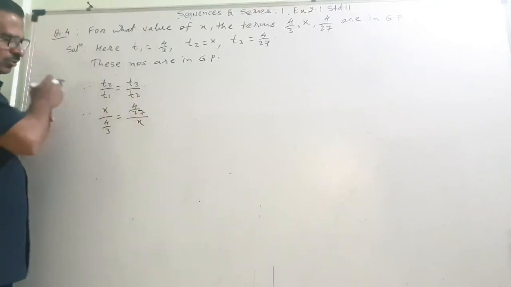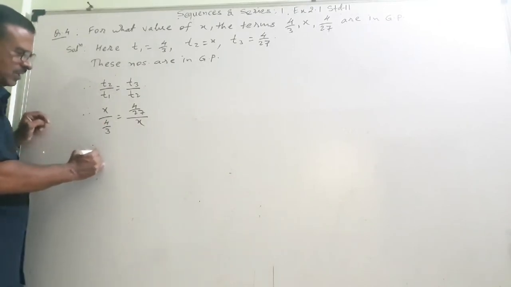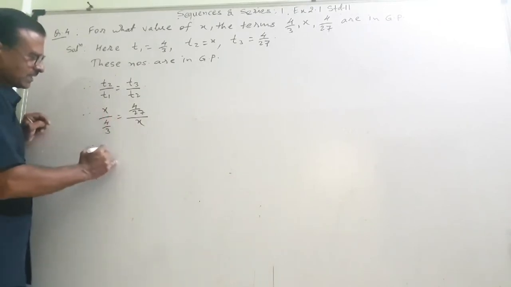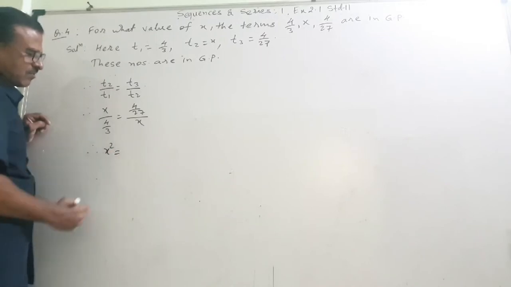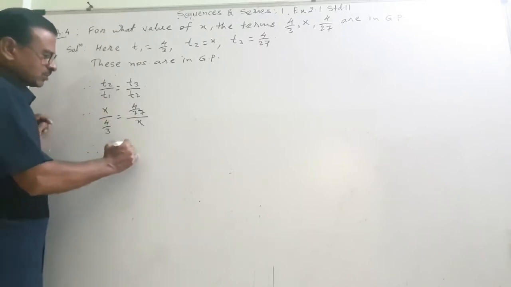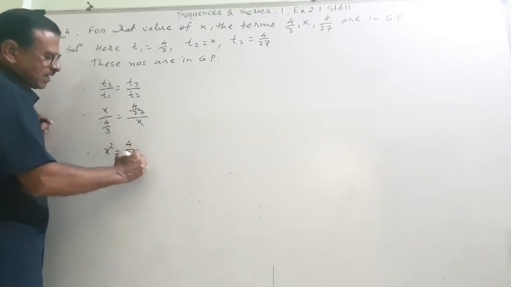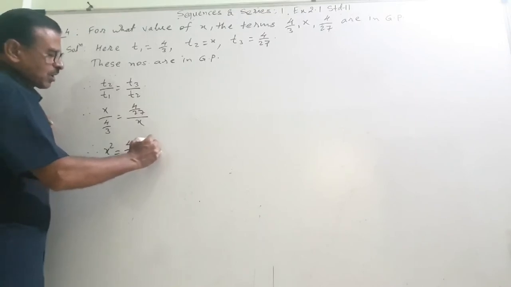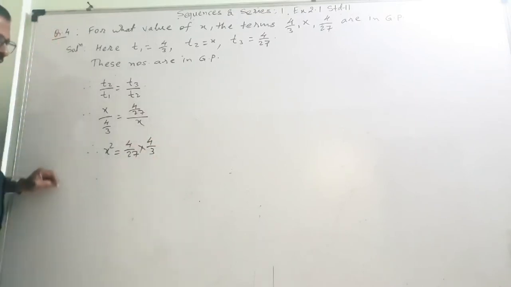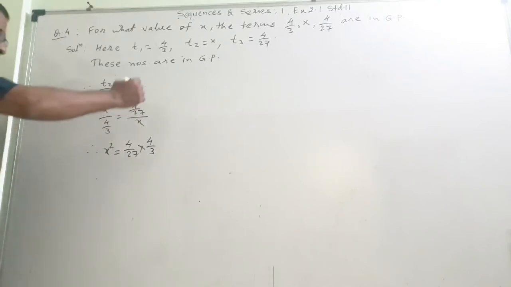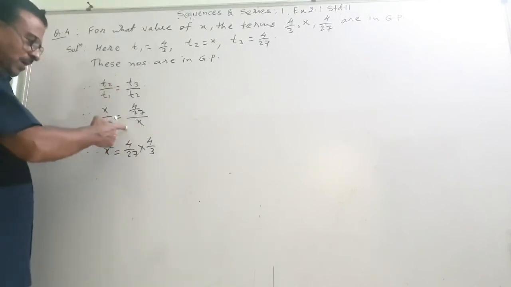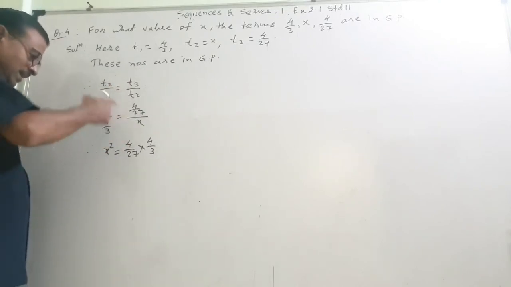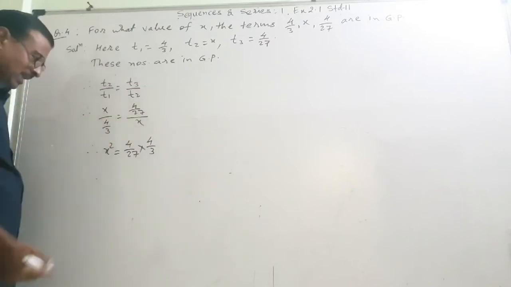So do the cross multiplication now. Therefore, x into x, x square, is equal to 4/27 into 4/3. Or if you have a problem, you can solve this as 3x/4 and then take it there.